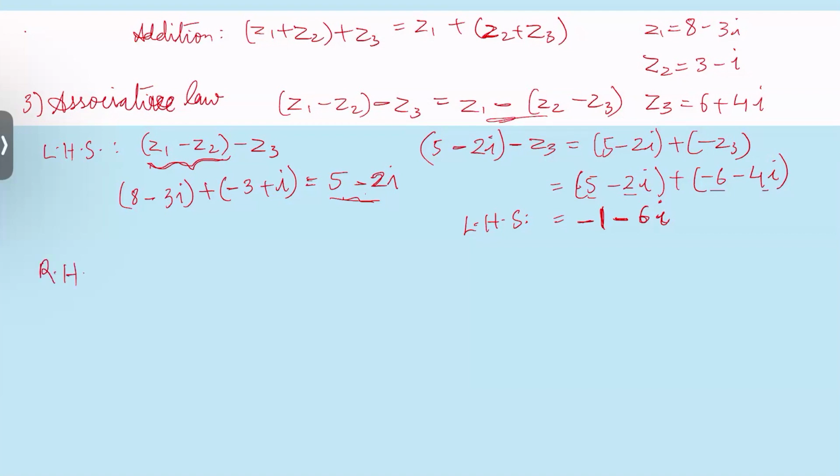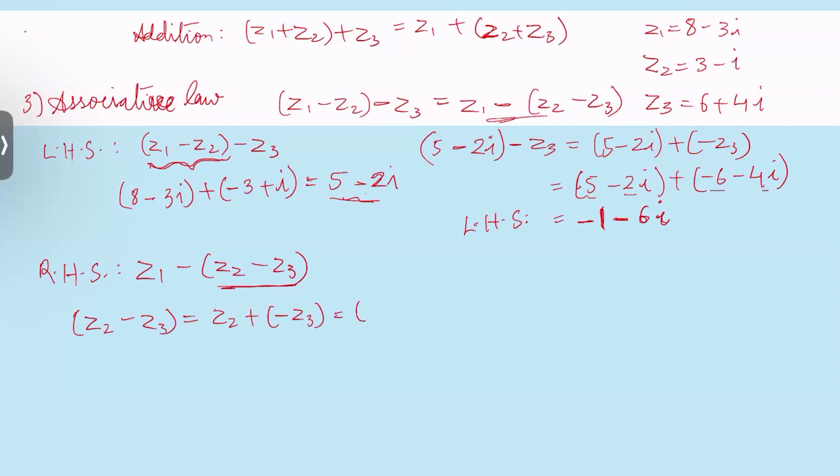So RHS is equal to Z1 minus (Z2 minus Z3). We will solve this part first for the RHS side. So you have Z2 minus Z3, so that becomes Z2 plus minus Z3.